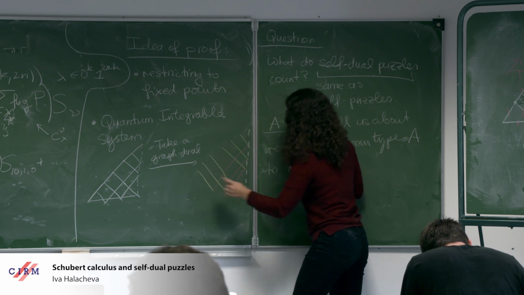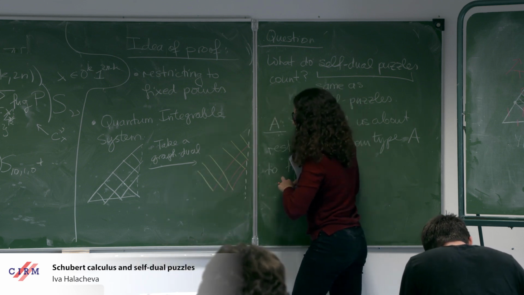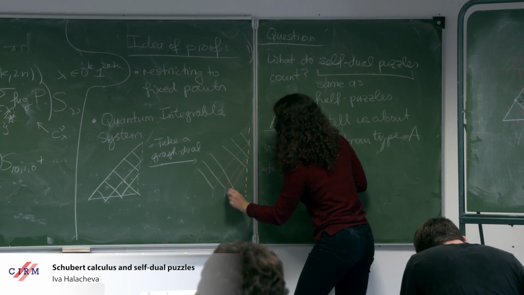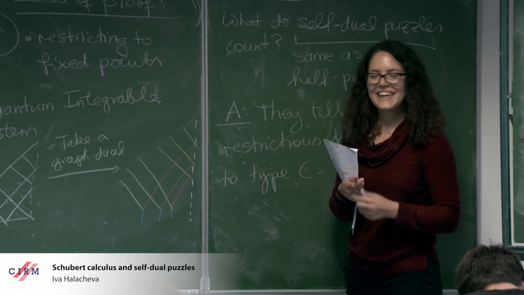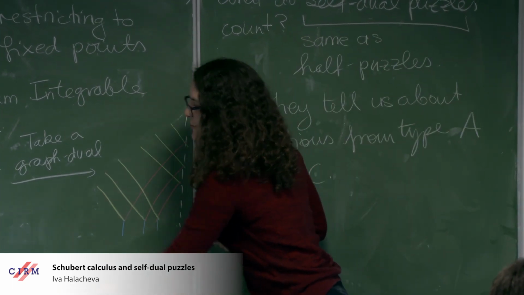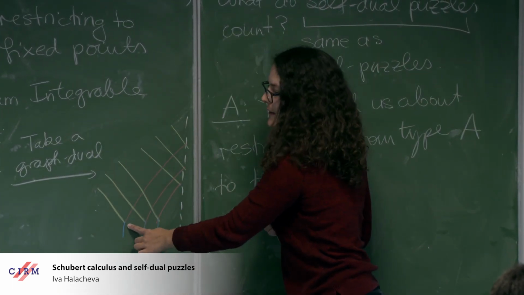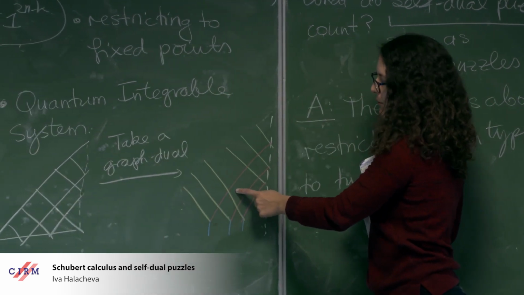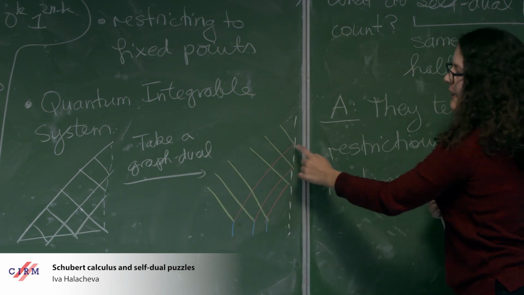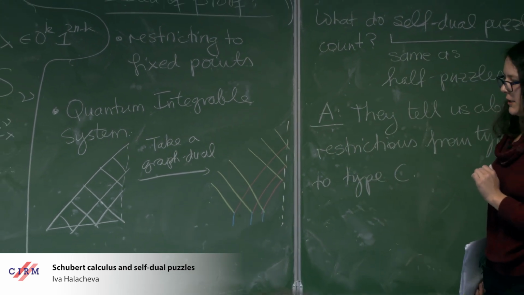So the graph dual picture will look like this. I hope the color is visible at the back. Each of the triangles became a trivalent vertex. Each of the rhombi, or two triangles glued, became a crossing. And each of the half rhombus became a bounce off of the wall.